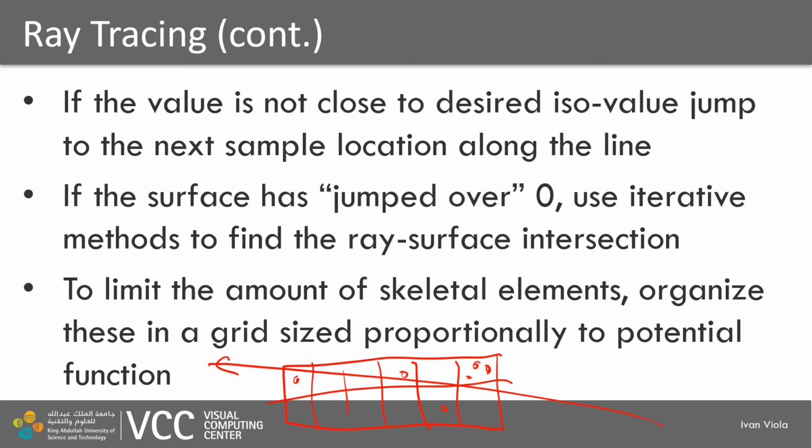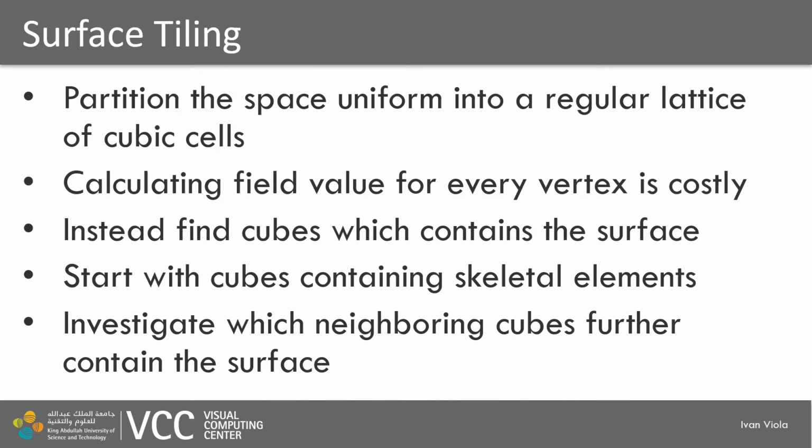Of course, it can be that there is a skeletal primitive just near in the neighboring cell, and that we will need to take into account. So having some kind of a grid organization which maintains the information of where our skeletal primitives are is very useful for acceleration of direct ray casting or ray tracing of implicit object representation.